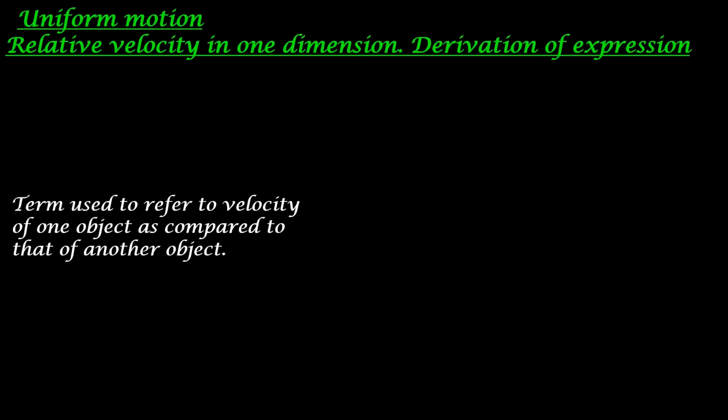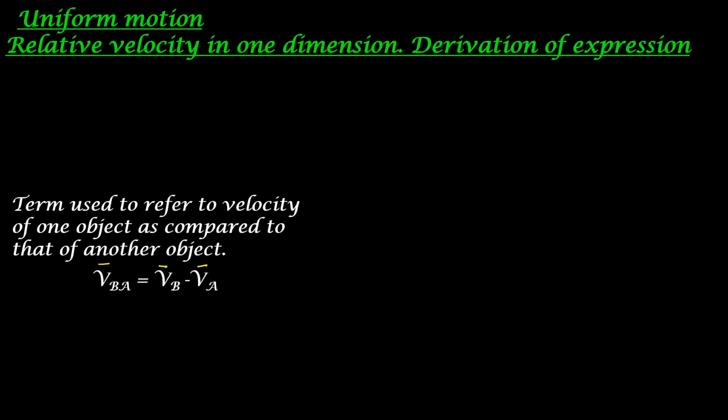There is an easy formula to calculate relative velocity. In the case of object A and B, the relative velocity of B with reference to A is given by the formula VBA is equal to VB minus VA, where VB and VA are their velocities.